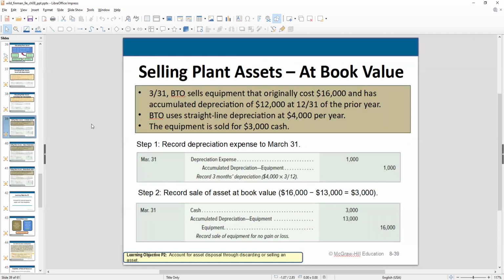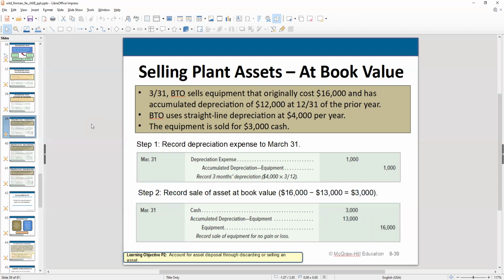Next example. BTO sells equipment that originally cost $16,000, has accumulated depreciation of $12,000. They use straight line depreciation at $4,000 a year. The equipment is sold for $3,000. So first we got to calculate the depreciation for the year because they got rid of it on March 31st, 3 months out of the year.